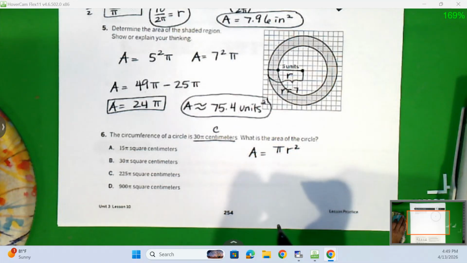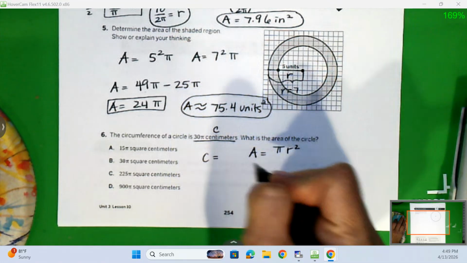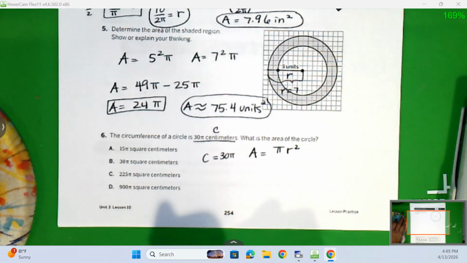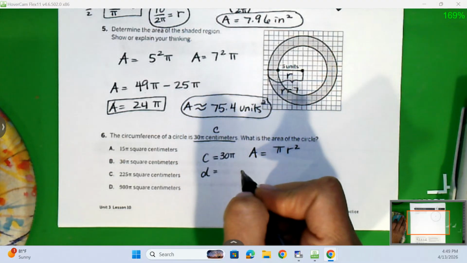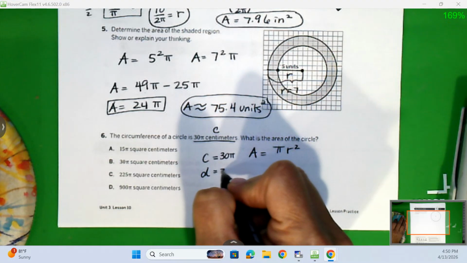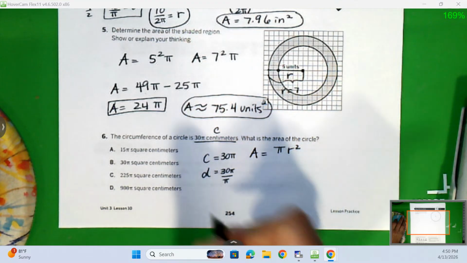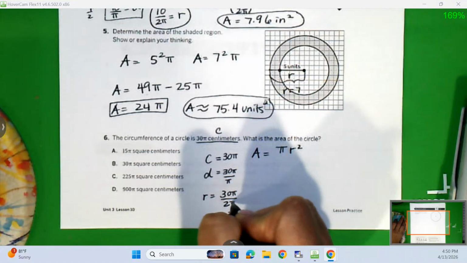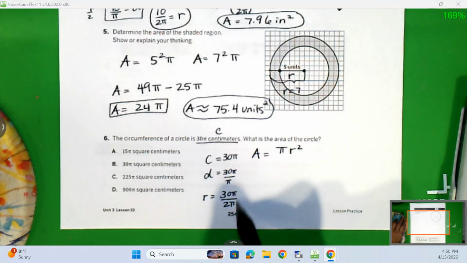So if we know the circumference is 30 pi, the diameter would be 30 pi divided by pi, which means then the radius would be 30 pi divided by 2 pi, because you would have to take your diameter and divide by 2 or multiply by 1/2.